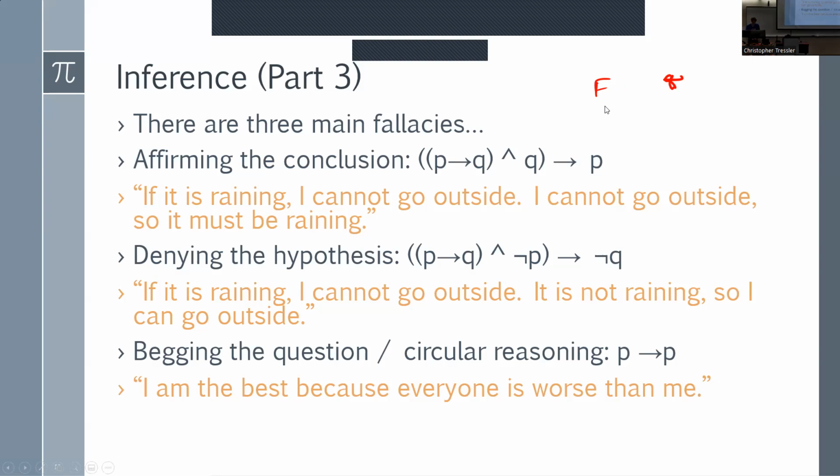Now, how would we represent this? We know that P implies Q, and we know Q, therefore.